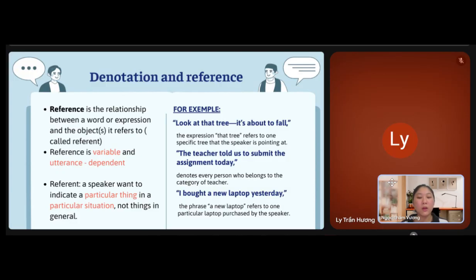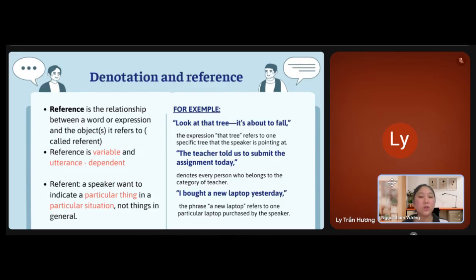Reference is therefore variable and utterance dependent because it depends on who is speaking, when, and in what situation. For example, in "Look at that tree, it is about to fall," the expression "that tree" refers to one specific tree that the speaker is pointing at.